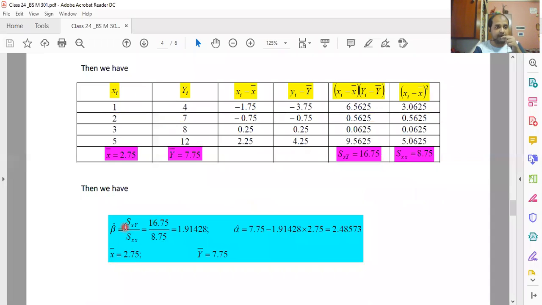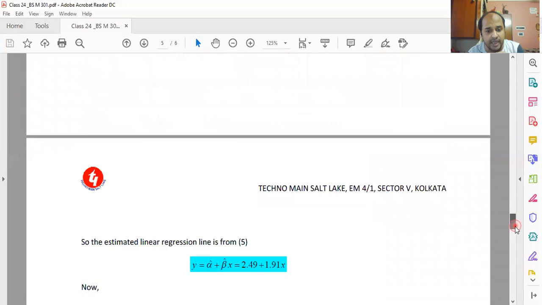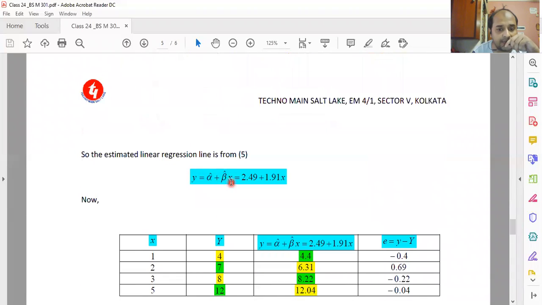So the estimated value of beta is coming out as 1.914, and similarly the estimated value of alpha is coming out as 2.48573. Thus my regression equation becomes y equal to alpha cap plus beta cap x, which is 2.49 plus 1.91x.